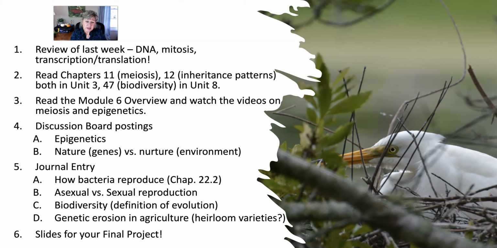You will also discuss genetic erosion in agriculture. So we have different species of cows and chickens and corn plants and banana plants that we grow throughout the world. We are losing different varieties, subspecies, and even species of these organisms because of industrial farming.